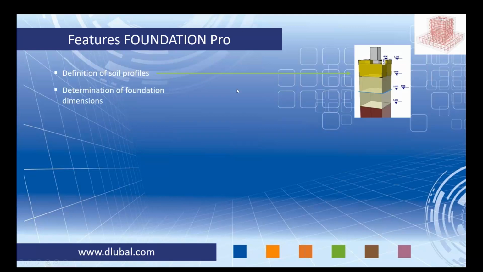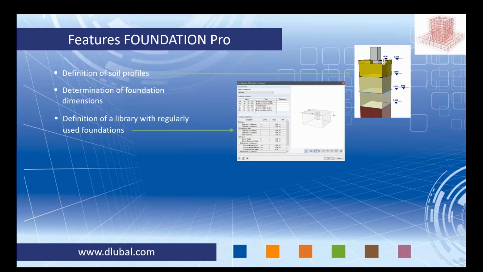The dimensions of the foundations can be determined by the module. Foundation Pro makes a proposal which we can modify later on. Then we have the possibility to create a library of regularly used foundations, so you can just pick and modify a predefined foundation.